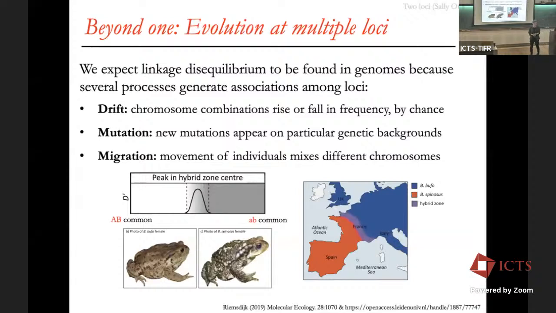Another process that generates linkage disequilibrium is migration. If we consider migration over space, and we have a genetically distinct population over here and a genetically distinct population over there, then in places where we find migrants from both populations, they're more likely to carry the red alleles everywhere or the blue alleles everywhere on those chromosomes where they come together. So if we mapped linkage disequilibrium over space, it'd be low where one haplotype is common, low where the other haplotype is common.